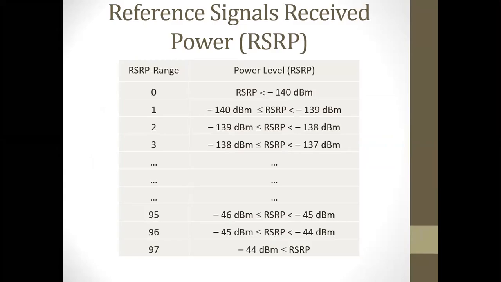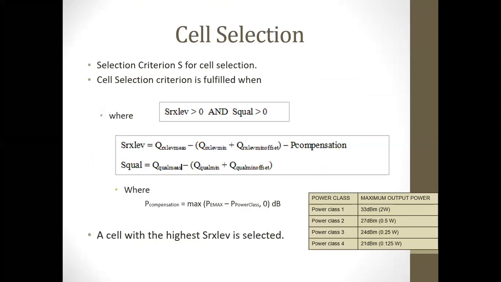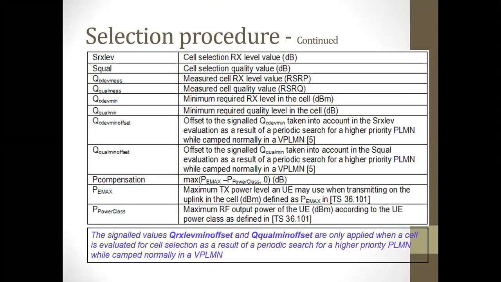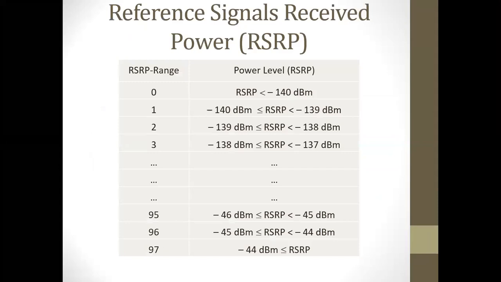But when you measure this Qrxlevmeas, you actually quantize. We actually talked about this quantization before. Now I remember. But I said probably that I'll show you the quantization later. When you are measuring the cell strength, if the measured value falls within this range, -45 dBm to -46 dBm, then you set a value 95.